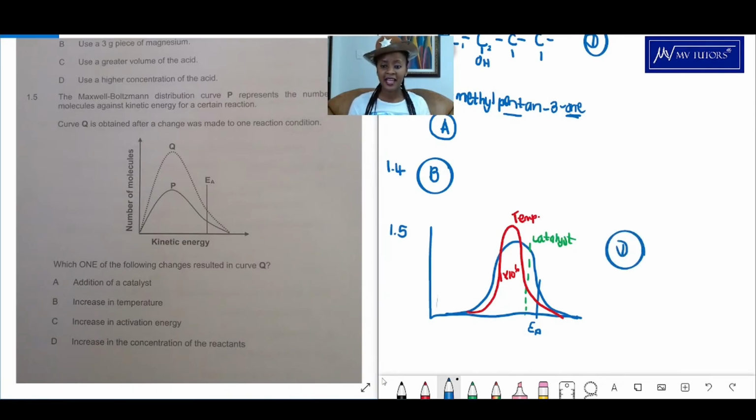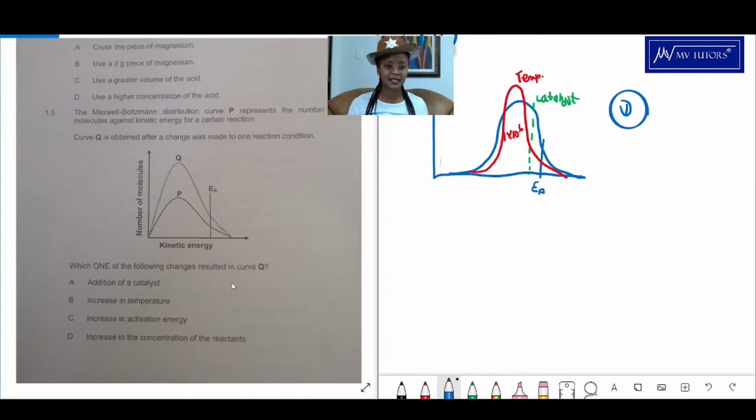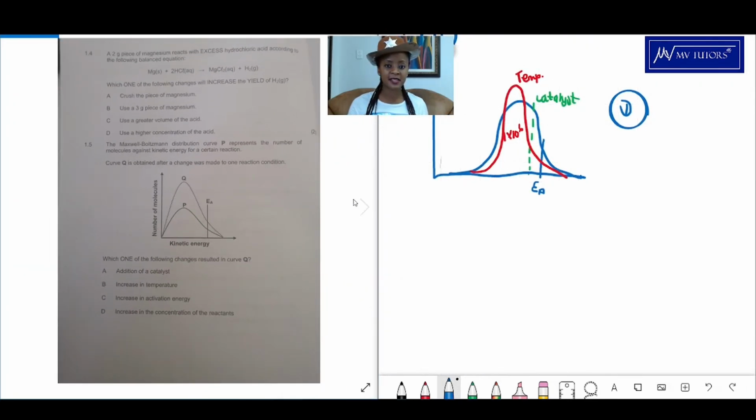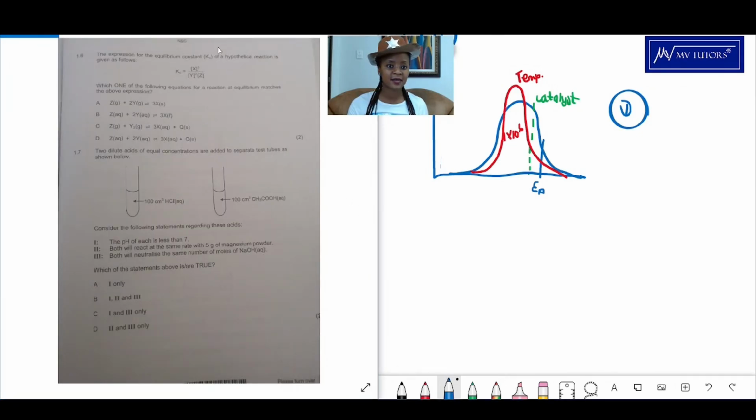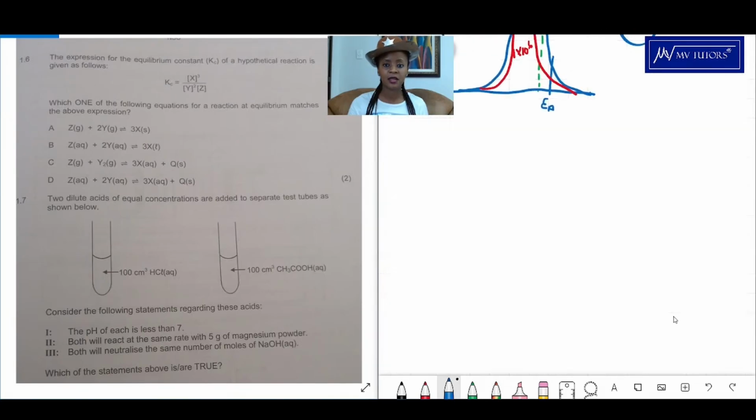Alrighty, and then moving on now to 1.6. So yeah, the expression for the equilibrium constant of a hypothetical reaction is given as follows.